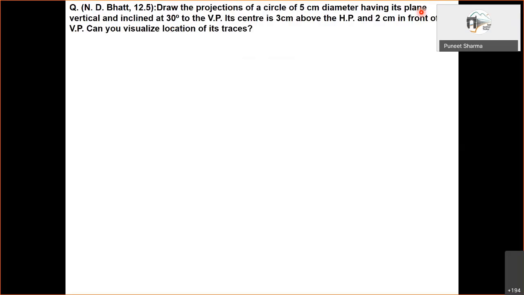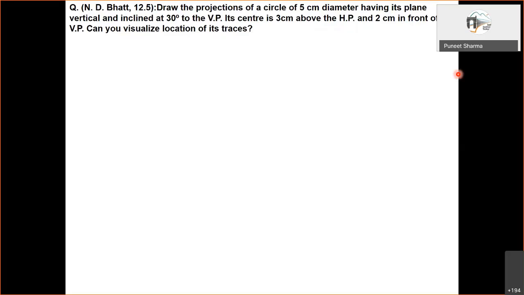Draw the projections of a circle of 5 centimeter diameter, having its plane vertical and inclined at 30 degrees to the VP. So the plane is vertical, that means the plane is perpendicular to the horizontal plane. Second thing is it is inclined 30 degrees to the VP.